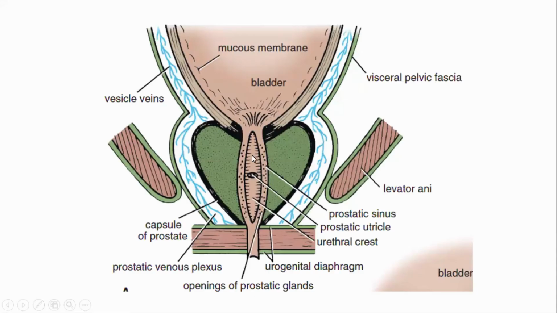So this is the prostatic part of the urethra, and this is the lumen of the prostatic urethra. This is the urethral crest, a midline longitudinal fold, and on either side there is a space. This is known as urethral sinus.